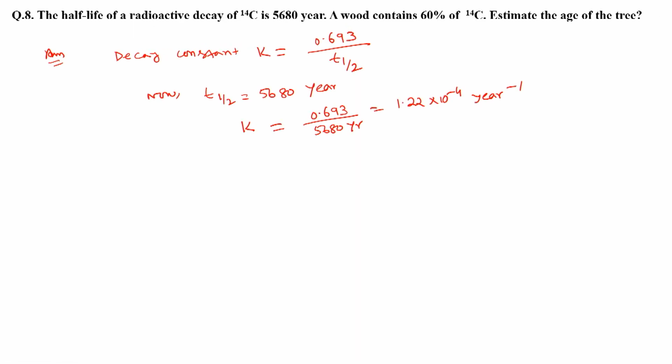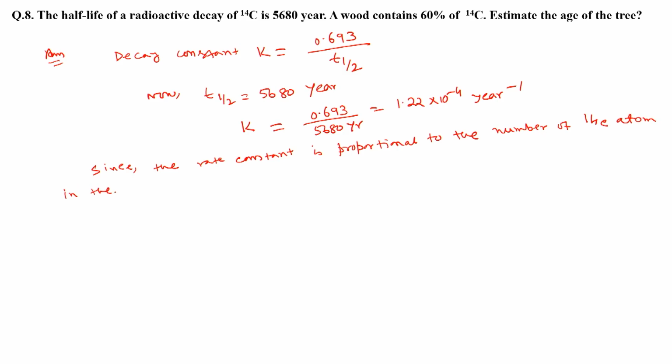Okay. Since this is first order decay, the rate is proportional to the number of 14C atoms in the sample.